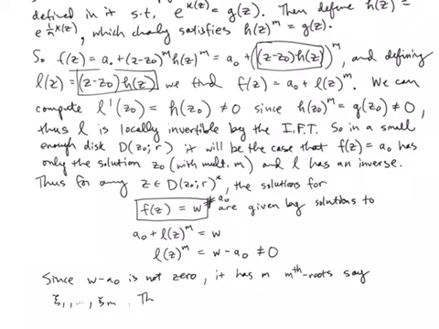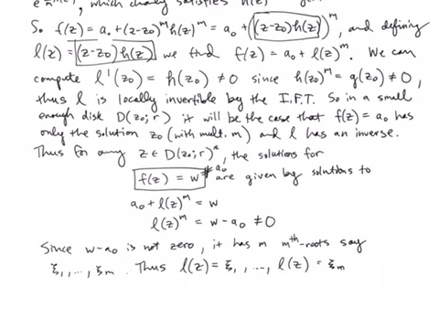So thus L of z equals psi 1, dot dot dot, L of z equals psi m. And those are all distinct.